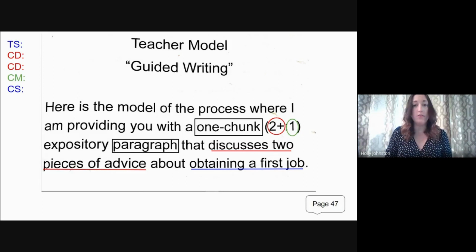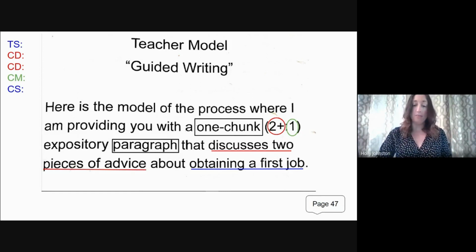We know from the ratio that we need 2 concrete details, so we're going to add those. 2+, so there could be more than 2, but we're sticking with 2 for this one. 1 commentary, and we know the commentary is going to come after the concrete details. And then we need the ending of our paragraph, which is our concluding sentence, and that's going to be in blue also.